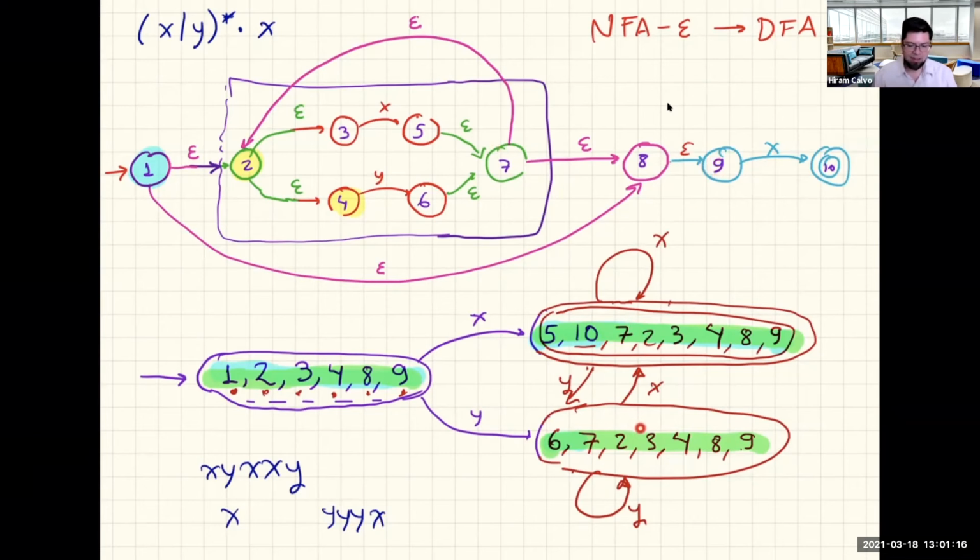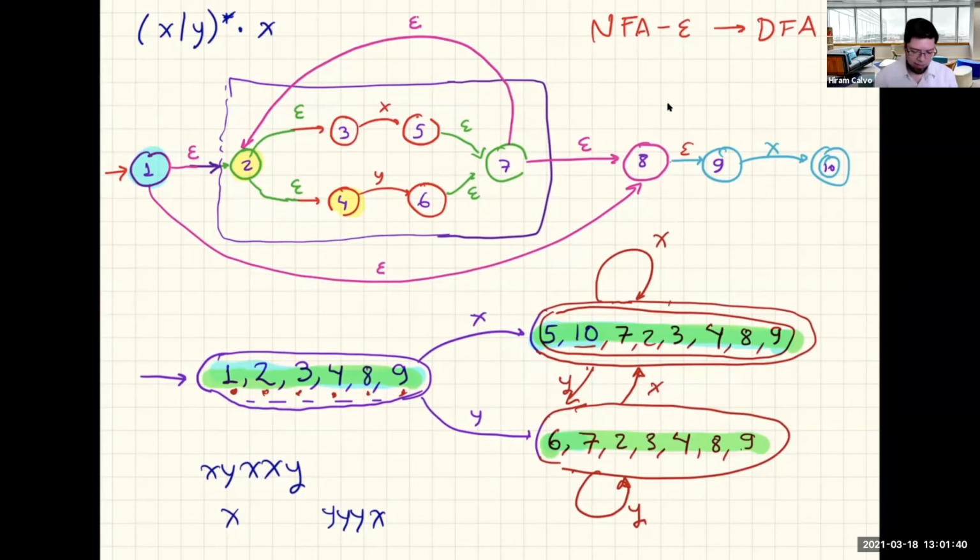So maybe the method is a little bit laborious. It's hard work to obtain this one, but it's guaranteed that you will always be able to convert a non-deterministic finite automaton with epsilon transitions to a DFA.